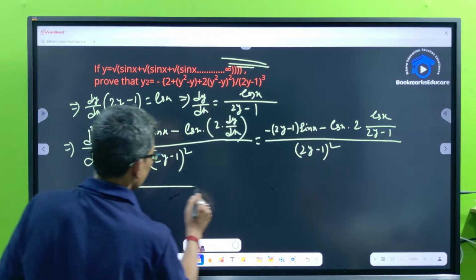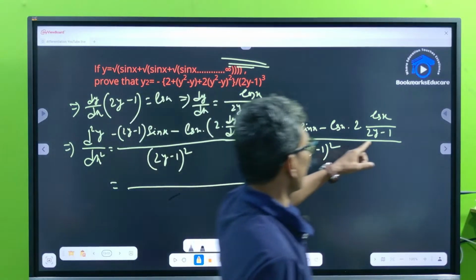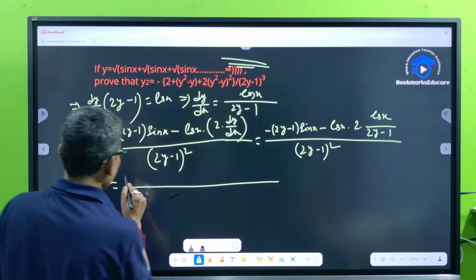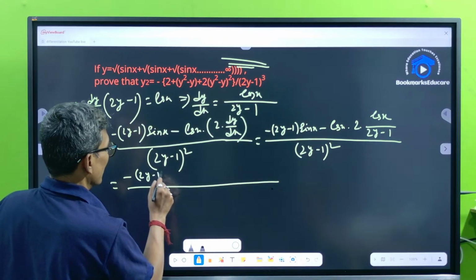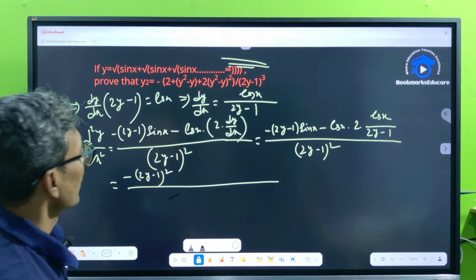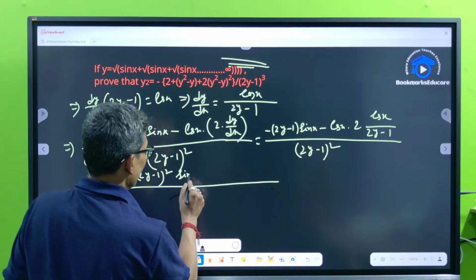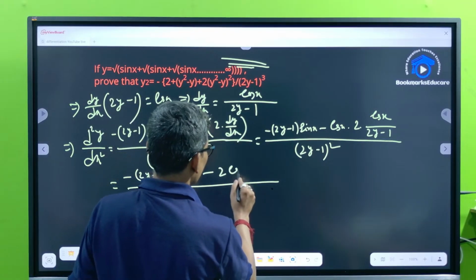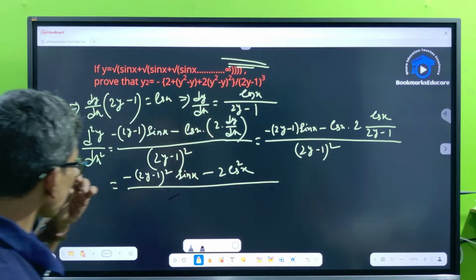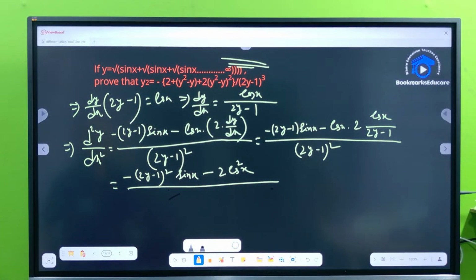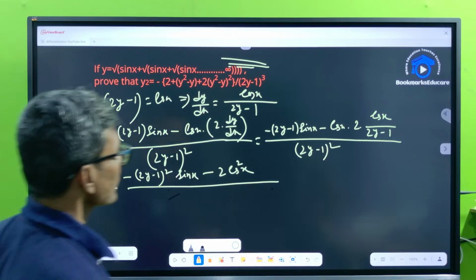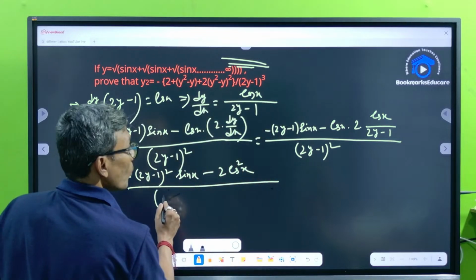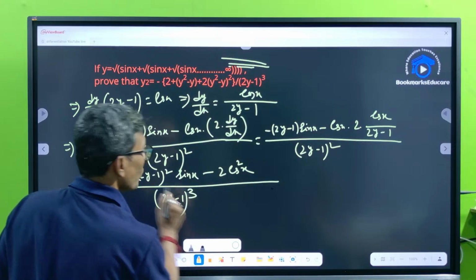I multiply both numerator and denominator by 2y minus 1. So minus (2y minus 1) whole square into sin x minus 2 cos square x, by (2y minus 1) whole cube.